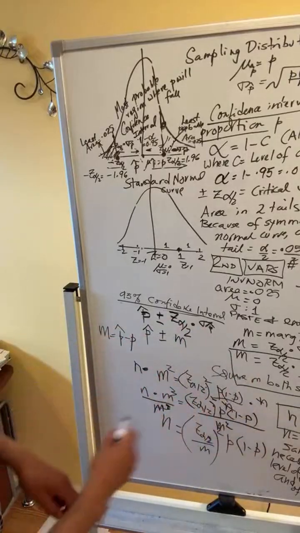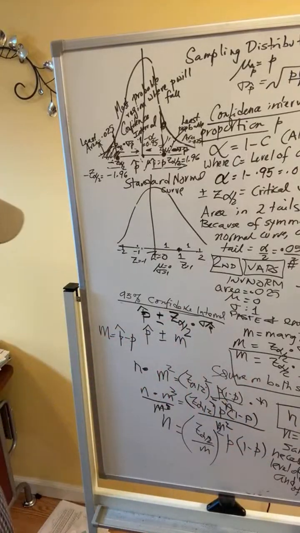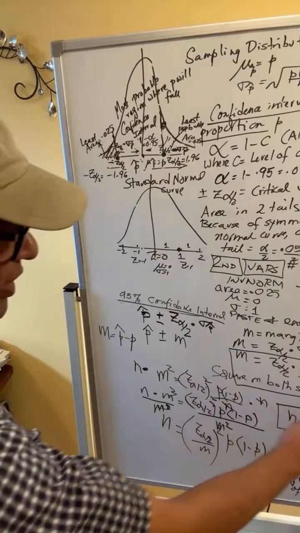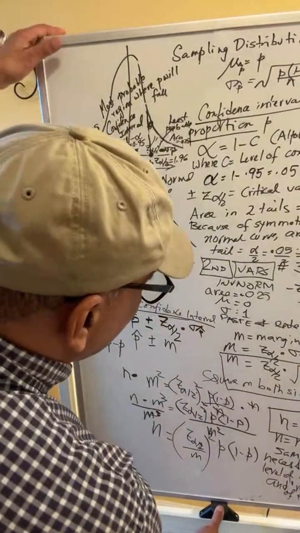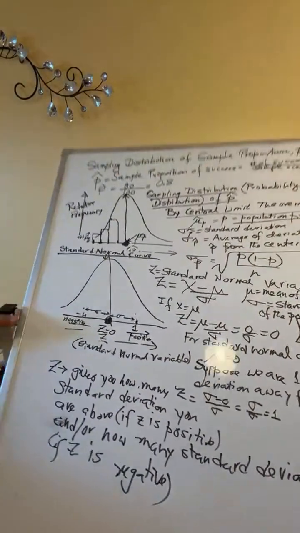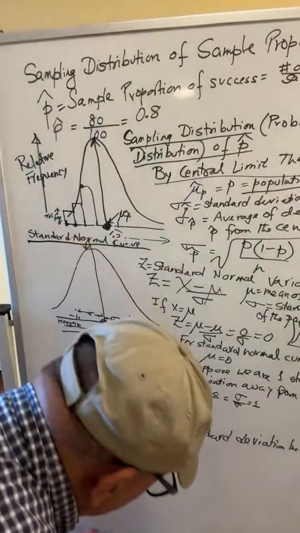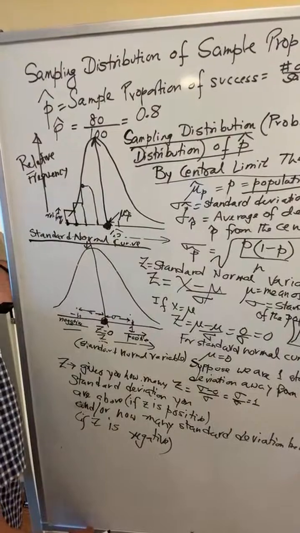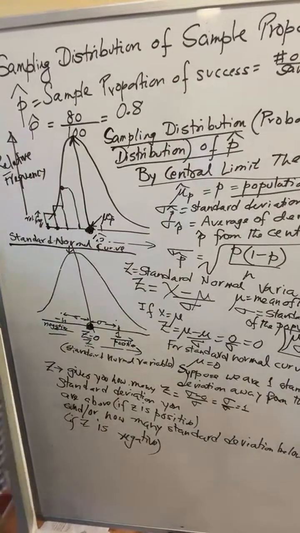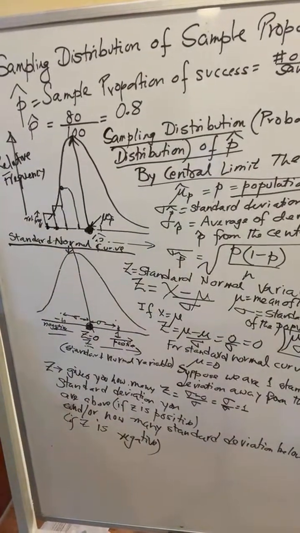So I squared on both sides and then multiplied by n. Then I solved for n, and this is finally what I get. So let's go to the other side of the board and work out a problem using this formula that I just derived. Okay, so let's erase all this.